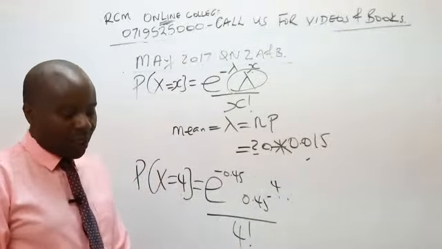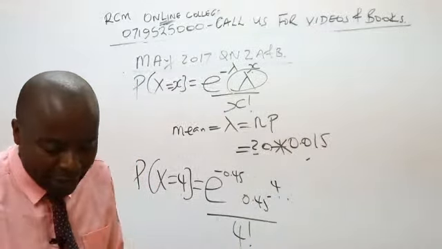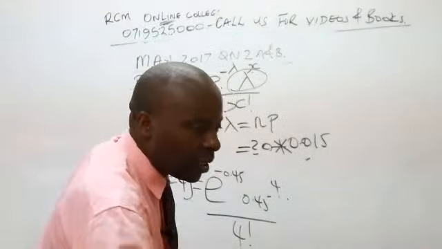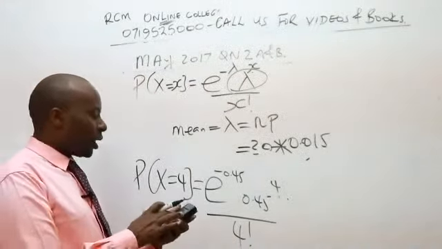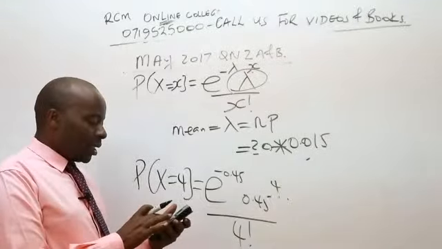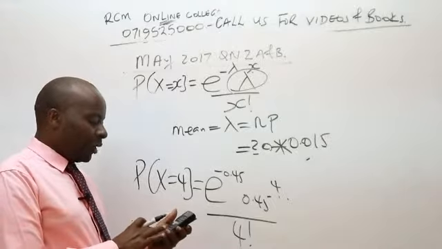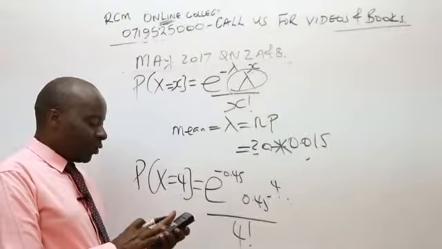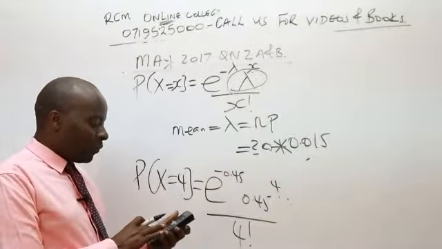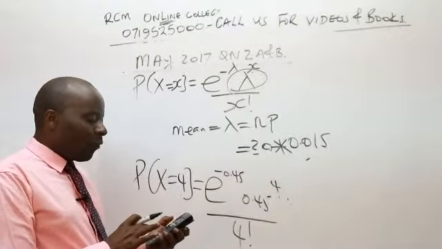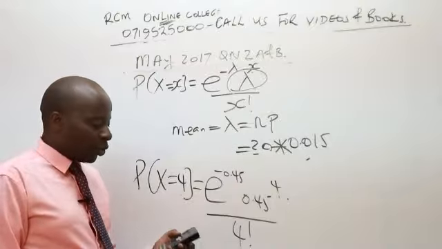Then what you will need, ladies and gentlemen, right away is your calculator. Your calculator tells us there is E. E is there, minus 0.45 times 0.45 raised to power 4, divided by 4 factorial. I hope you are able to remember where the factorial is.